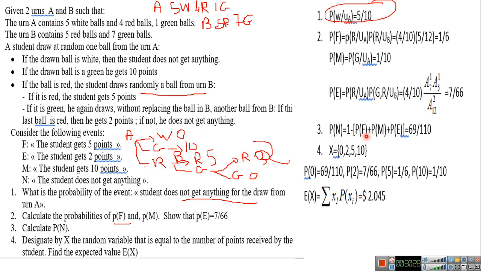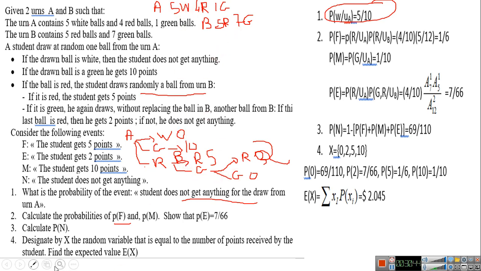So I can do 1 minus these, or I can say this is arrangement. First of all, to get a red from A is 1 out of 5 over 1 out of 10, so 5 over 10. Then I will arrangement, I want two green.